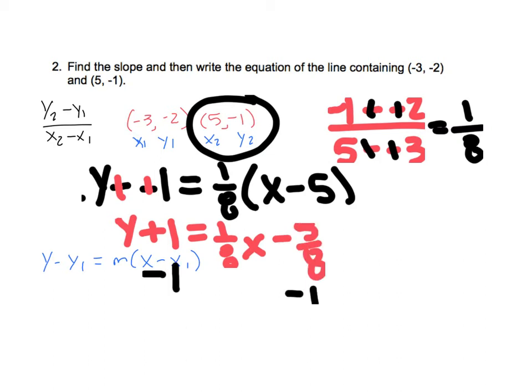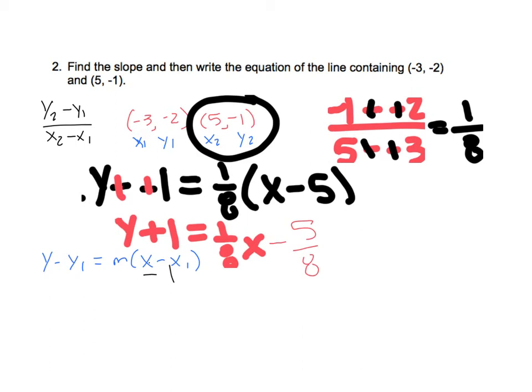Now, I have a negative 5 over 8, so that's a fraction. So I need to turn that minus 1 that I'm doing to the side into a fraction as well. Sorry, let me rewrite that part.